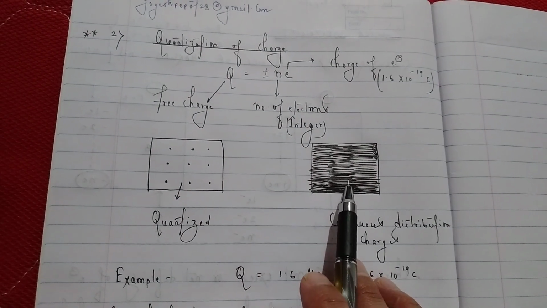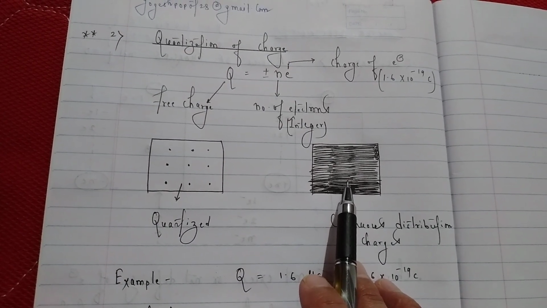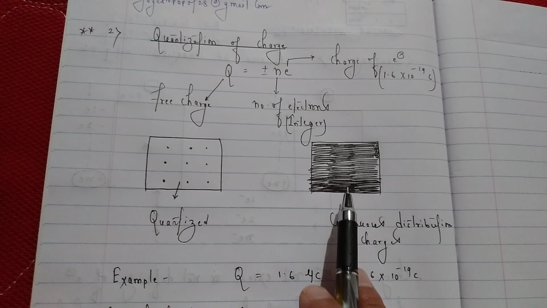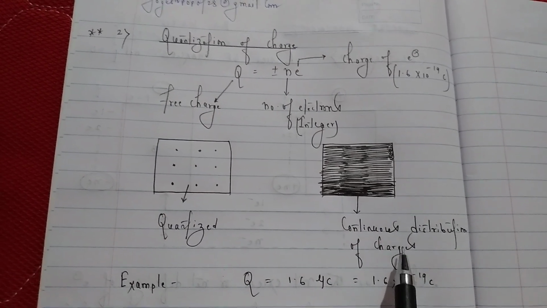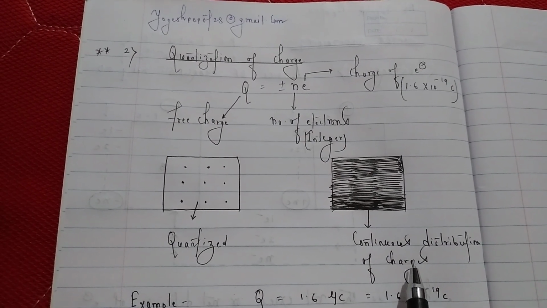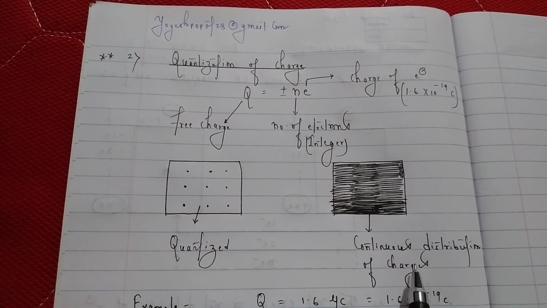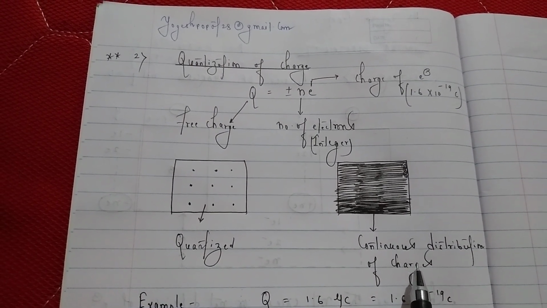But here the charges are so close and so huge in number that we won't be able to count them. This type of distribution is called a continuous distribution of charges, and it is part of the class 12th physics curriculum, where we have linear, surface and volumetric charge distributions.